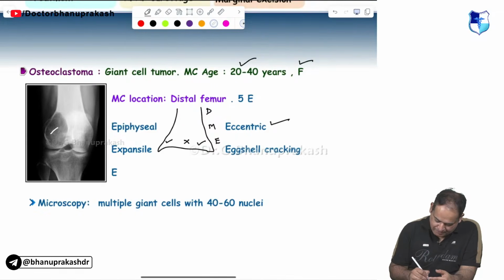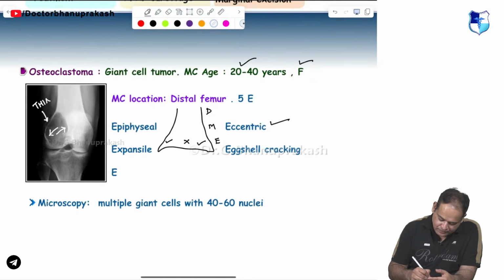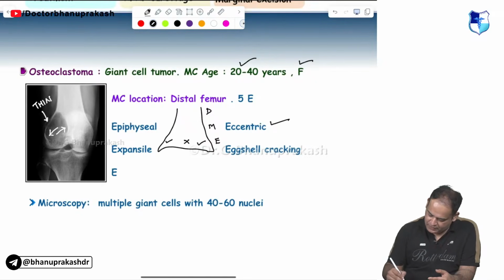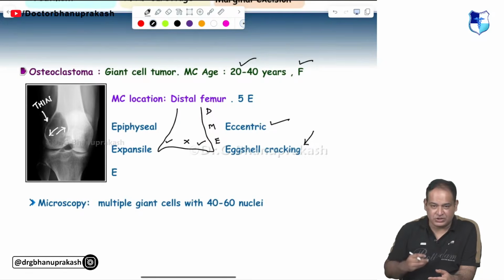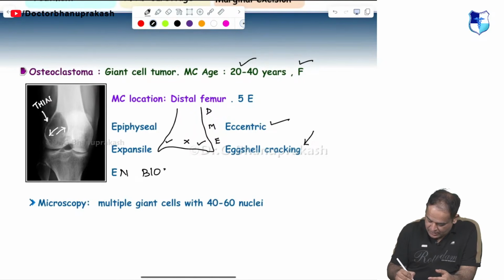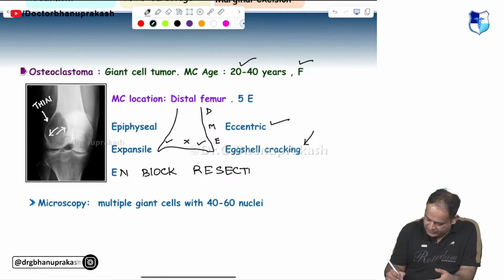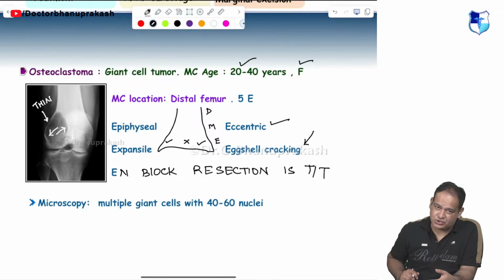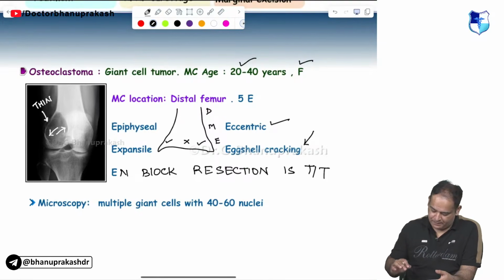That means it rapidly expands. And it makes the bone very, very thin. So thin that it is called as eggshell crackling. और पांचवा E, en bloc resection. En bloc resection is the treatment, right?